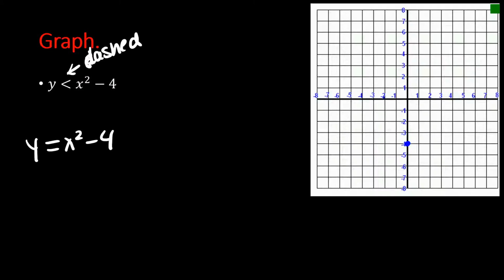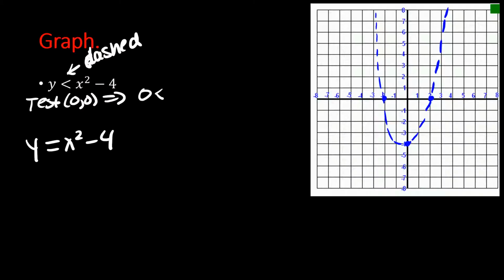It's going to cross the x-axis at 2 and negative 2. You can find the x-intercepts if you want to. This is a parabola, and it's dashed, so it looks something like that. Again, (0, 0) is not on the boundary, so let's test (0, 0).